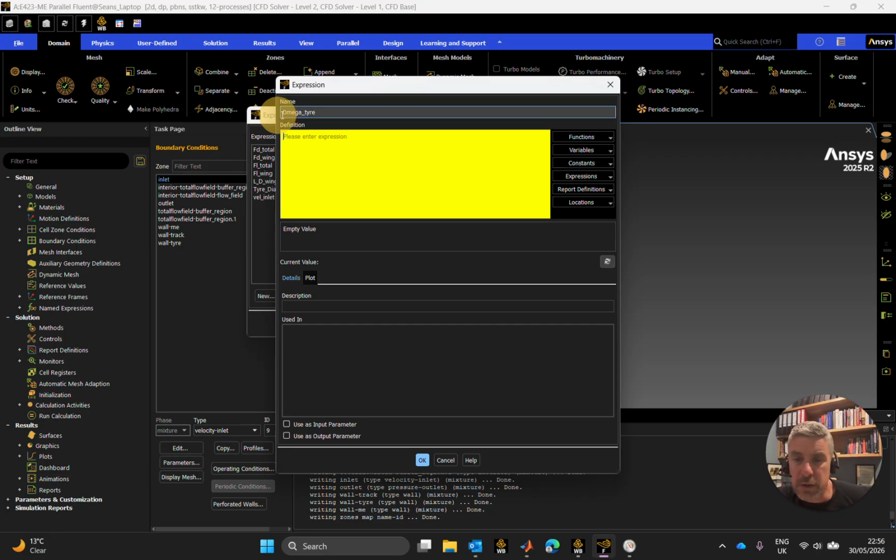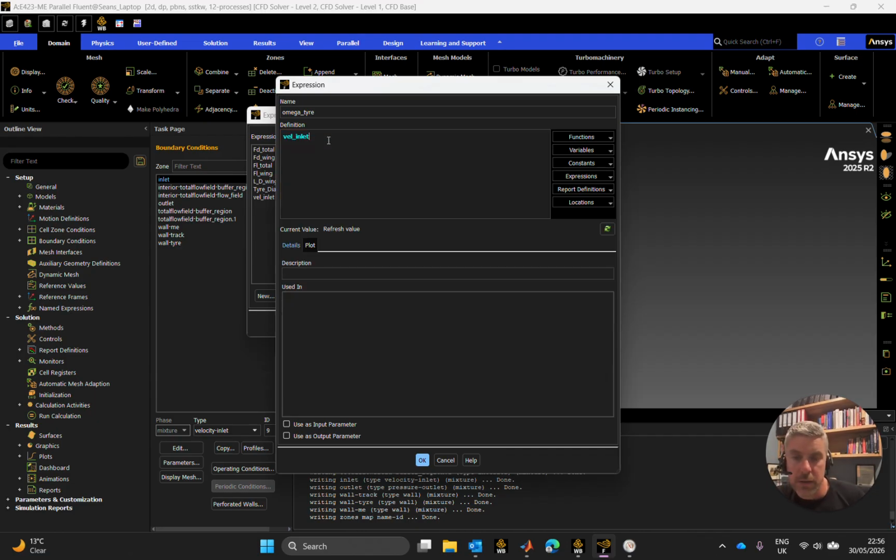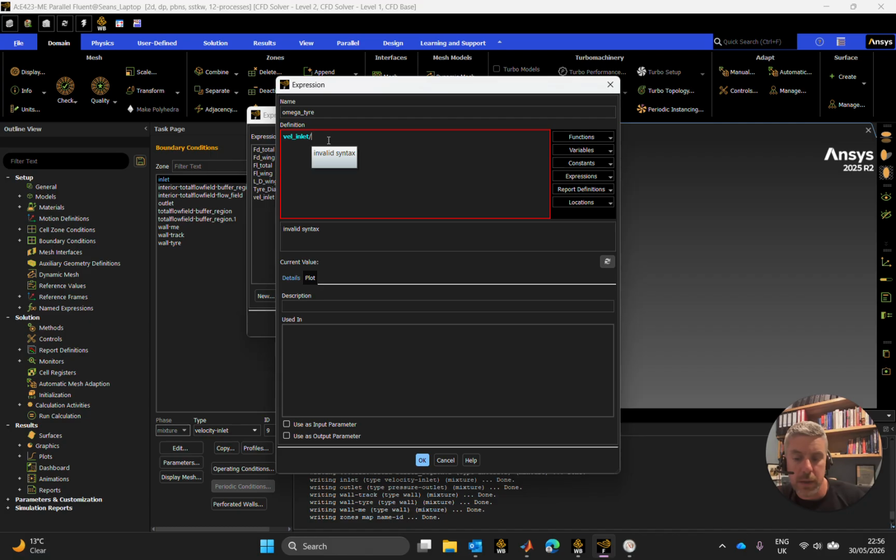I'm going to keep that a small o, just because I have velocity here as a small v. So v equals omega r, which means omega is equal to v divided by r, which is going to be velocity inlet divided by my tire diameter divided by 2.